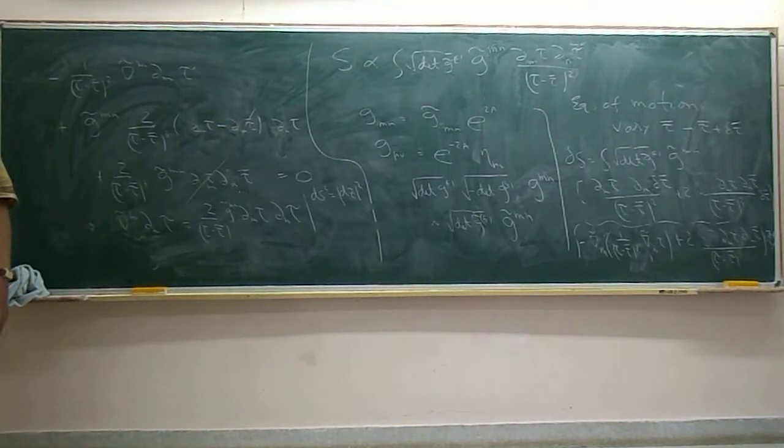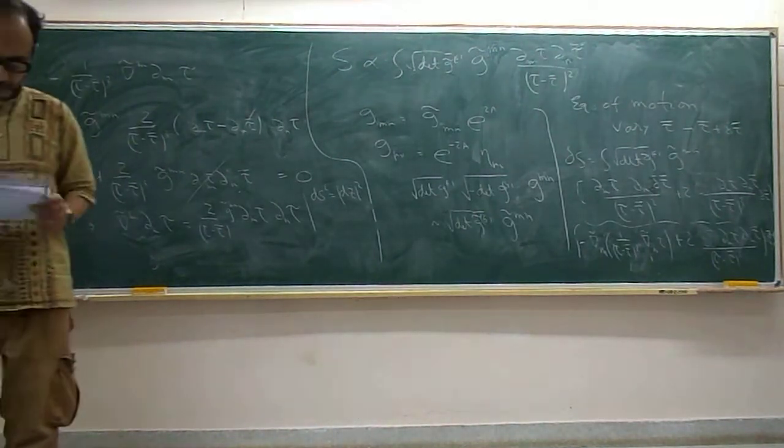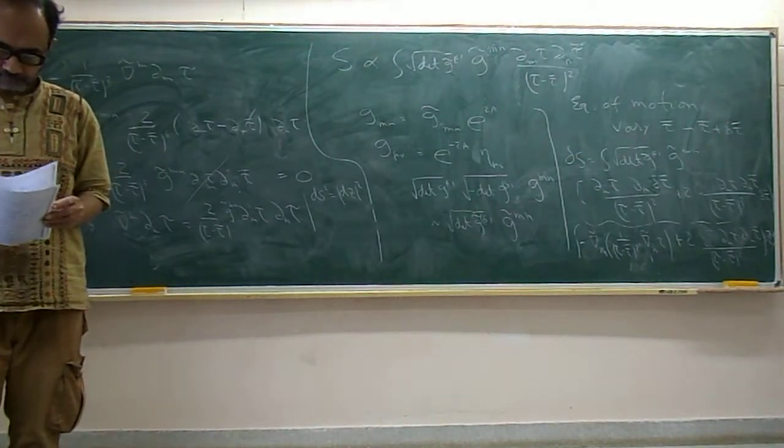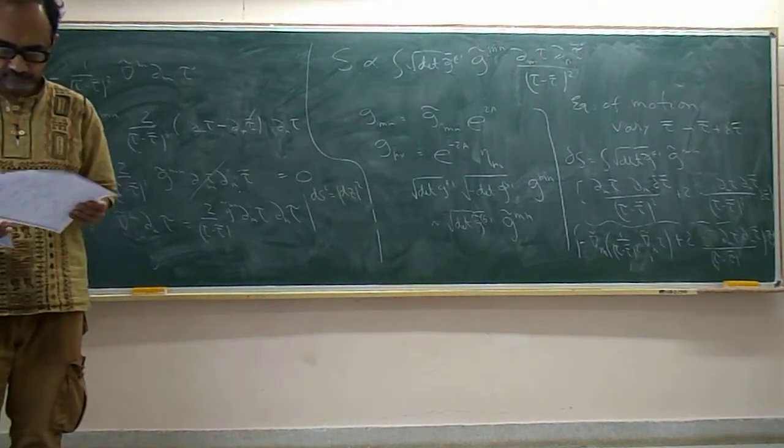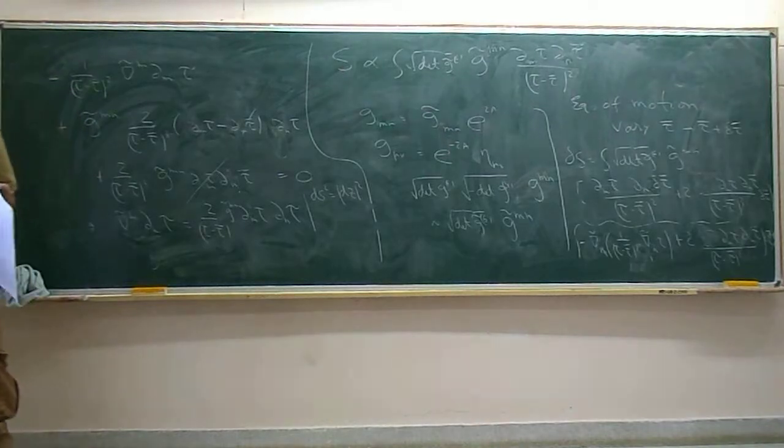But of course you cannot really get rid of the large tau approximation, because you are not calculating back reaction on the metric. Okay, is this okay?